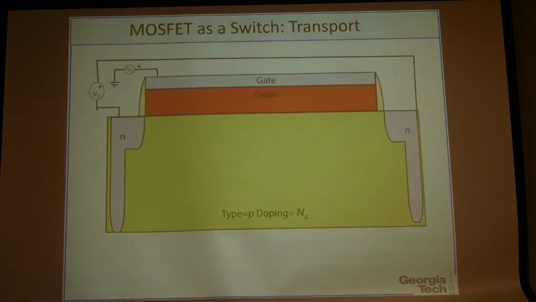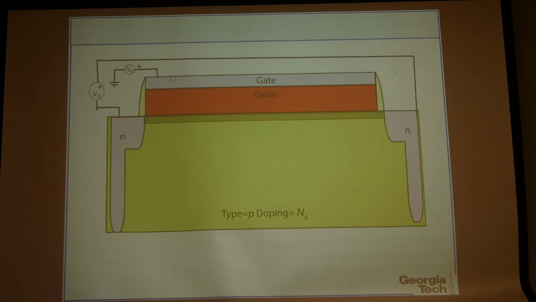So let's review what makes the current in the MOSFET. So here, this is an N-type MOSFET. So we have the P-type doping in the substrate. And then we apply gate voltage, positive gate voltage. As we discussed, first we are going to create the depletion.